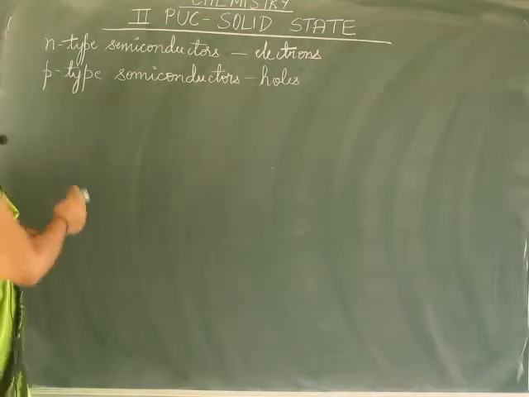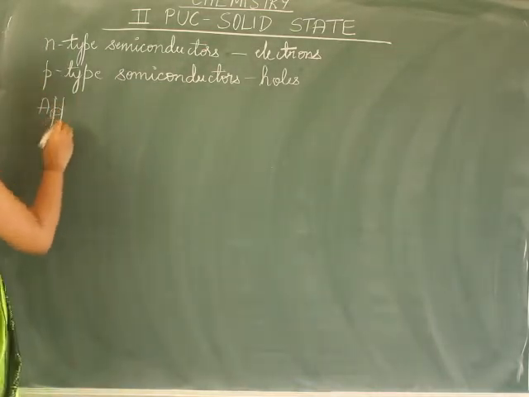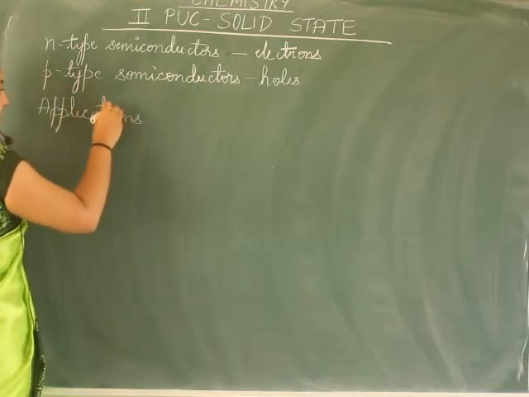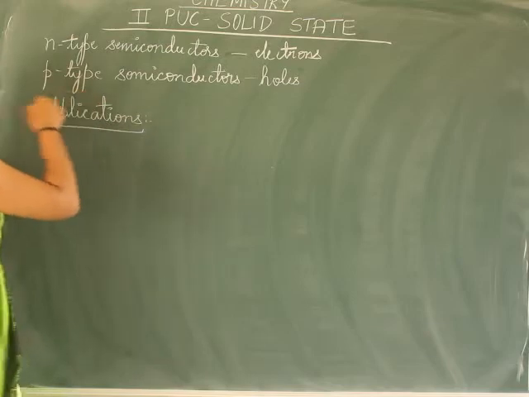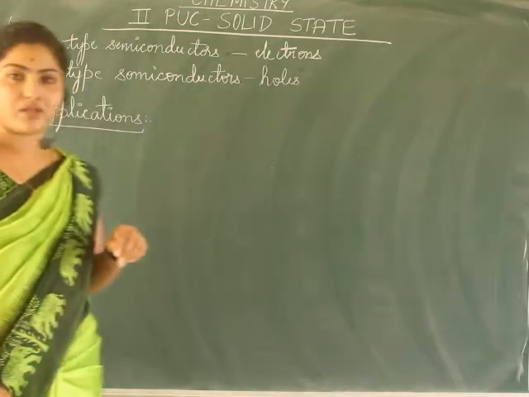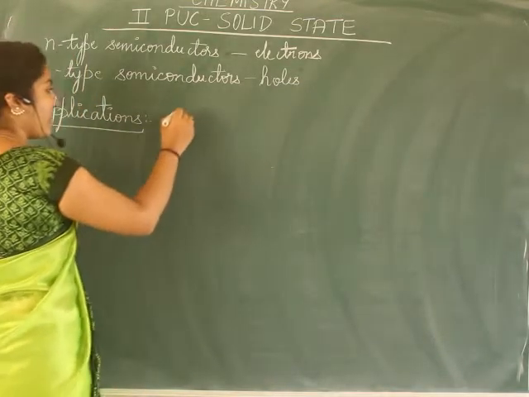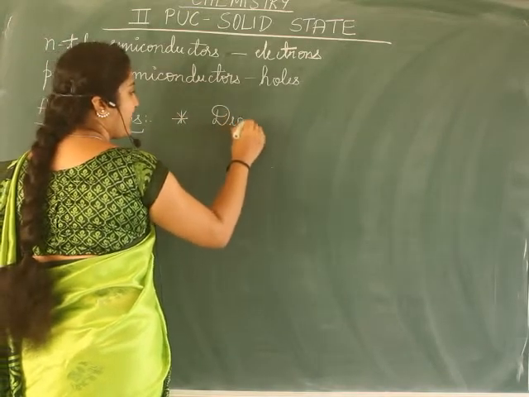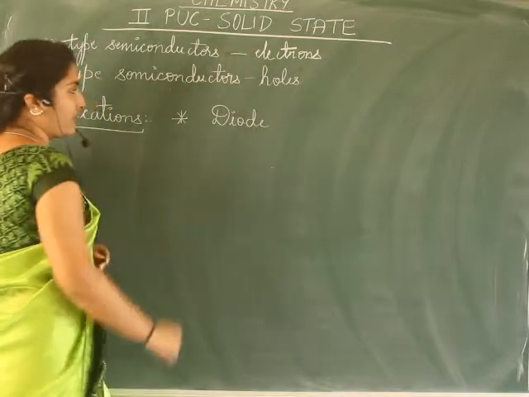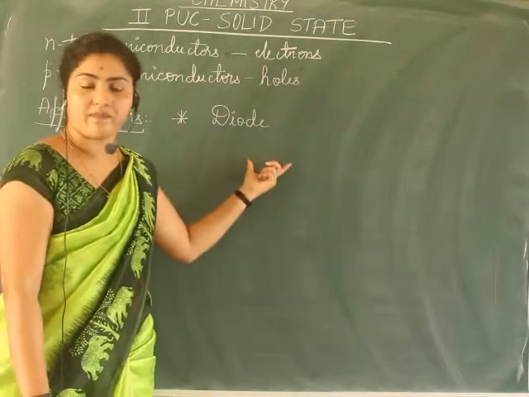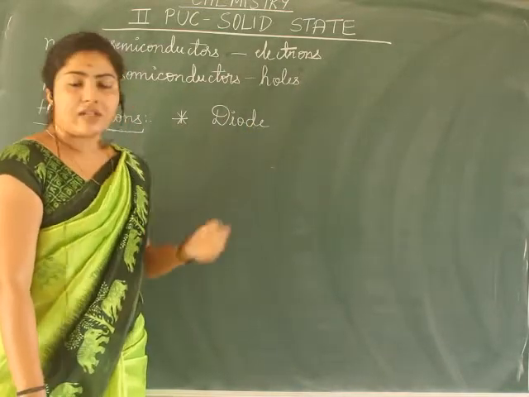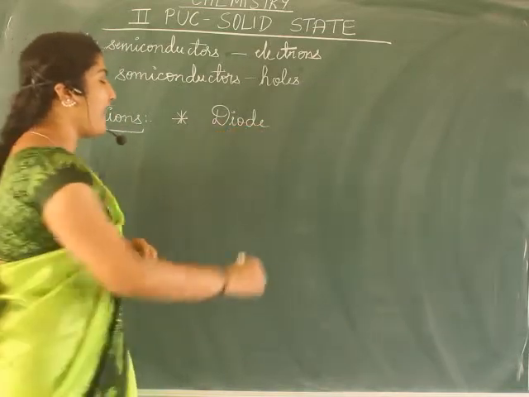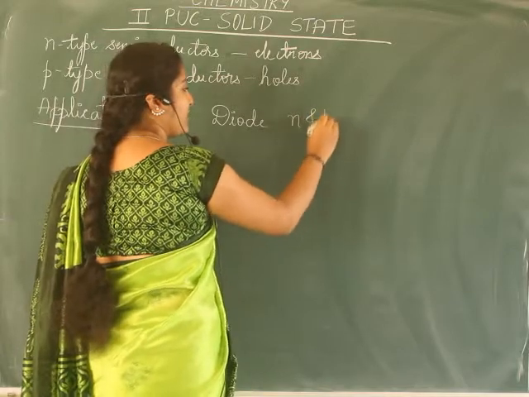Some applications of these semiconductors we should know. Applications of N-type and P-type semiconductors. The first important use is that doped semiconductors are used in diodes. Diodes are those semiconductors where we use N and P-type semiconductors.